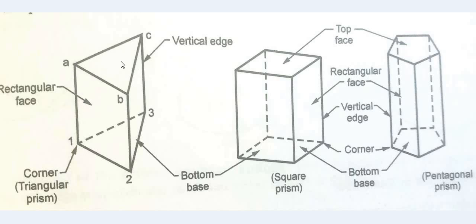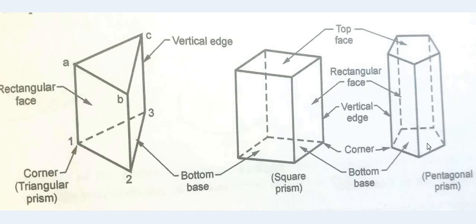So for triangular prism also, we are having side face in the form of rectangle. For square prism also, the side face is of rectangular shape. So is the case for pentagonal prism. For whatever prism, pentagonal, hexagonal, heptagonal, the upper and lower base would have a specified name, that is pentagon or hexagon, but the side faces would always be in rectangular shape.